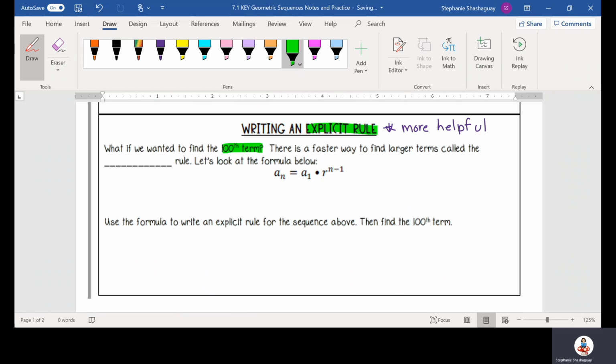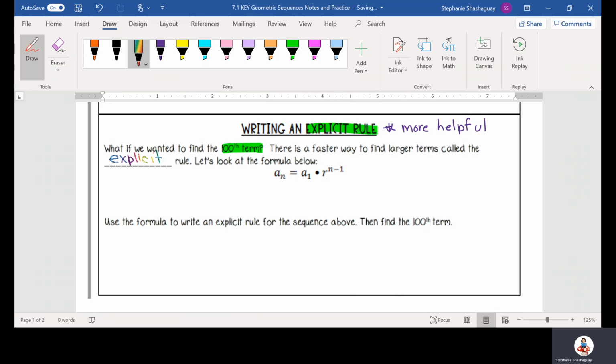There is a faster way to find larger terms, which is called the explicit rule. Because if we used the recursive, we would have to sit there and do the calculations 99 times. We don't want to do that. So we're going to use the explicit rule.